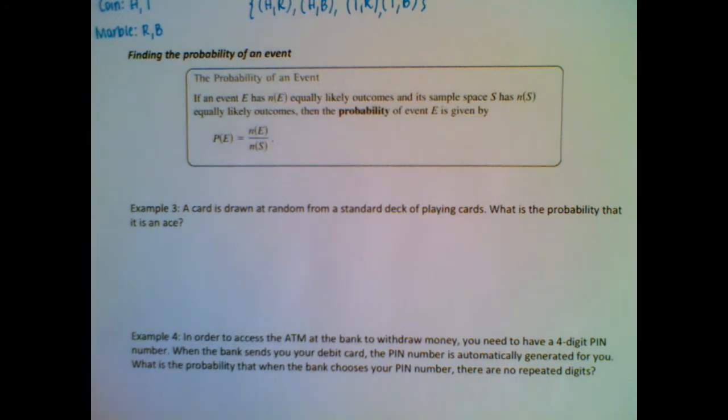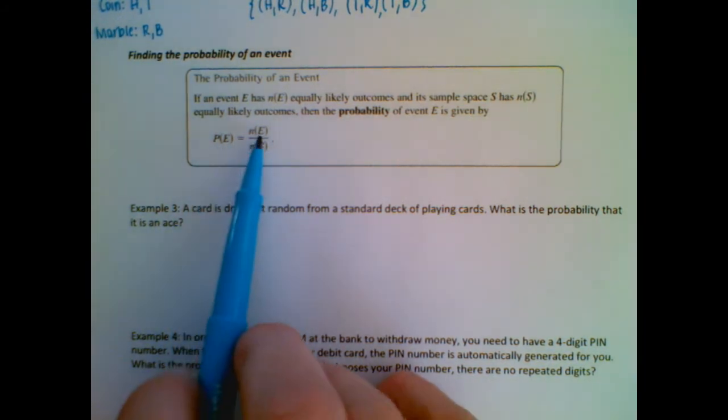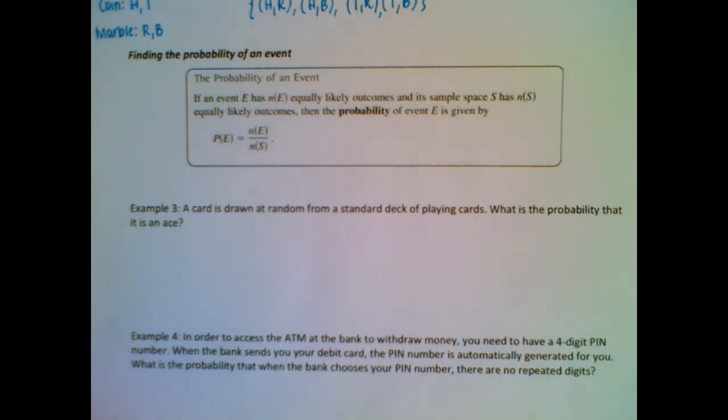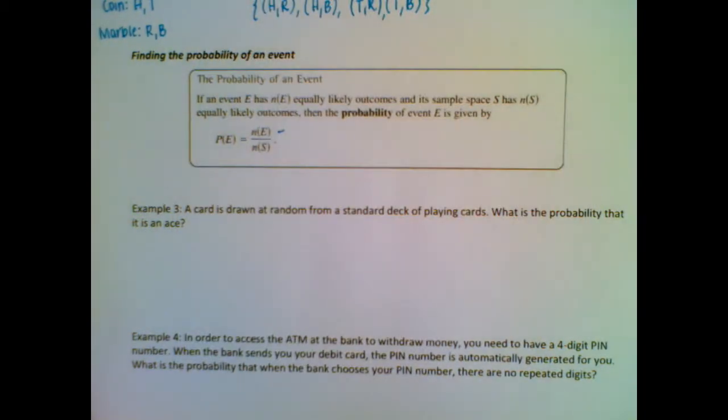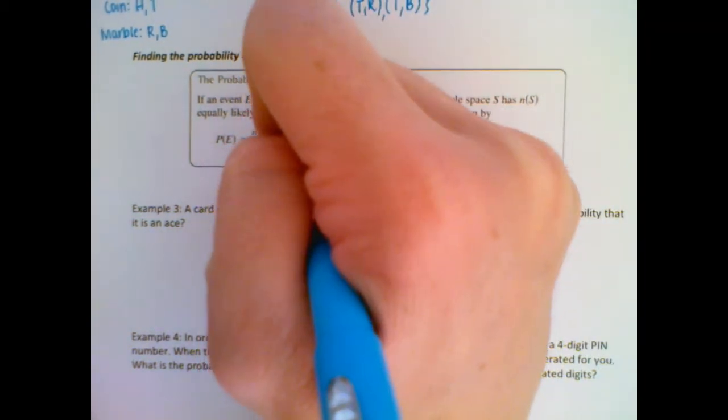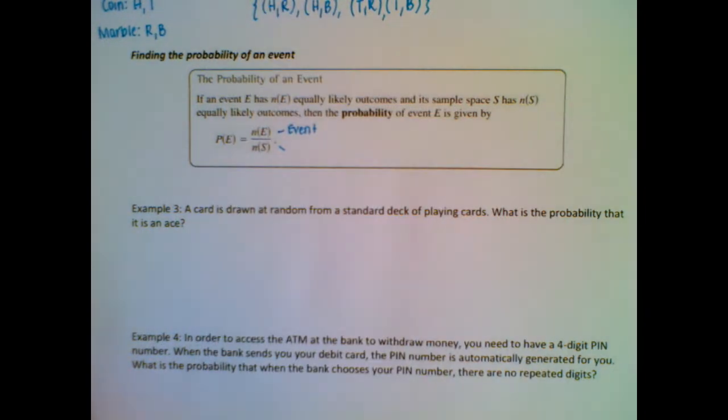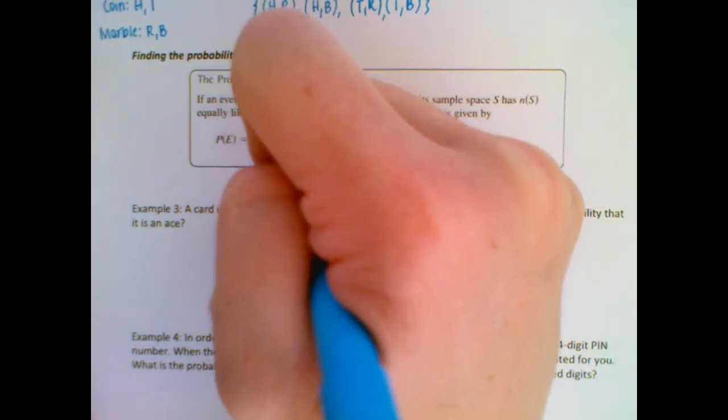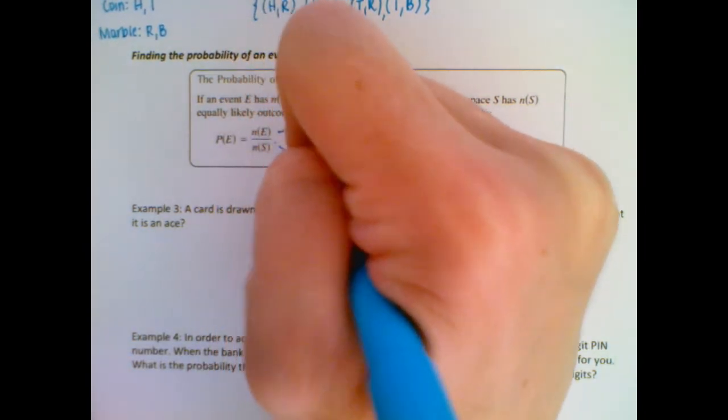Then the probability of event E is given by P(E) equals n(E) divided by n(S). So basically the numerator is the event that's happening, and the denominator is the sample space.